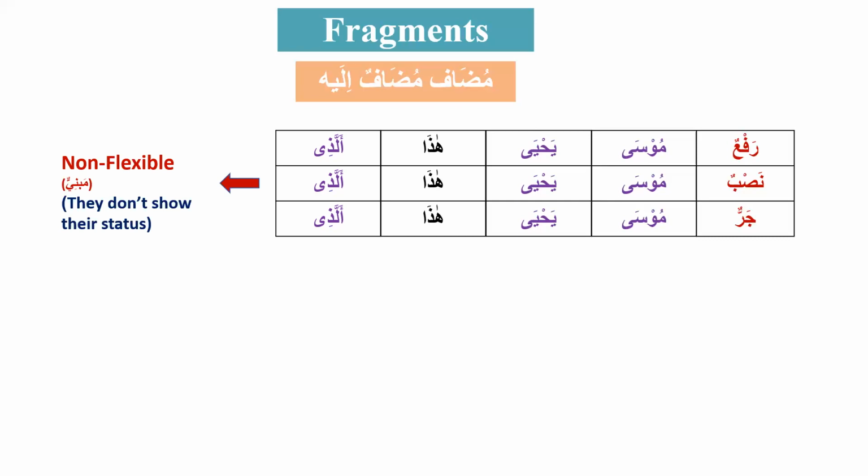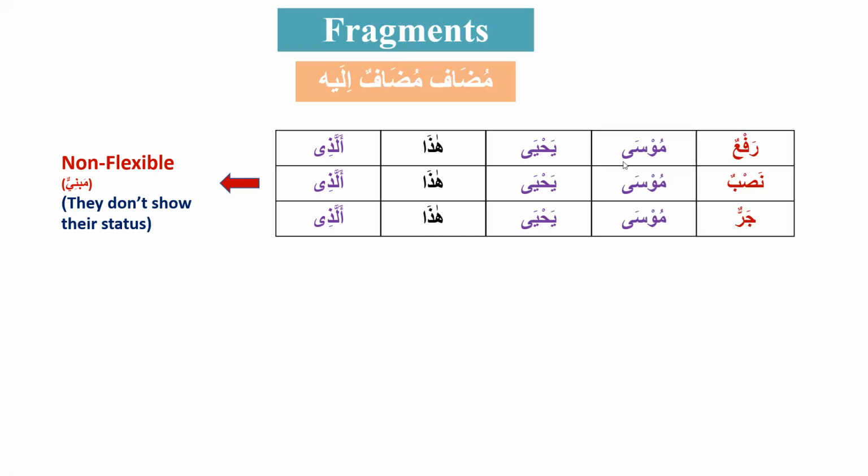So when Musa is in Rafa status, it is Musa. When it is in Nasab status, it's still Musa. And when it is in Jar status, it's still Musa. They don't change. Similarly, the Ismul Ishara and Asmaul Mausula, Allazi family and Haza family in singular and plural forms.